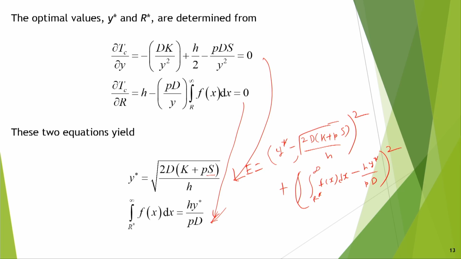So I can use any optimization algorithm, there are many, to find out the values of y and R. One way is that you just find the value of y from one equation, substitute in the other equation, and then you get the value of the other variable, and put it in this one. That is one way. Otherwise you can use any optimization procedure.